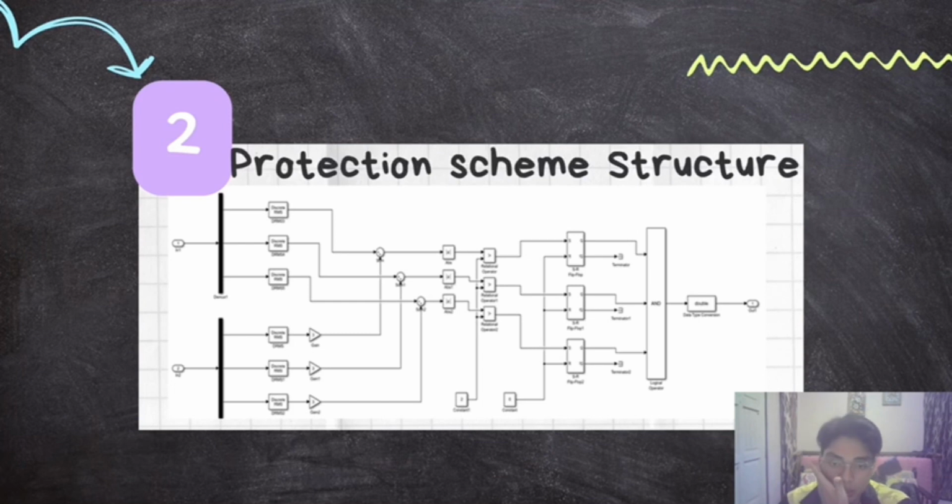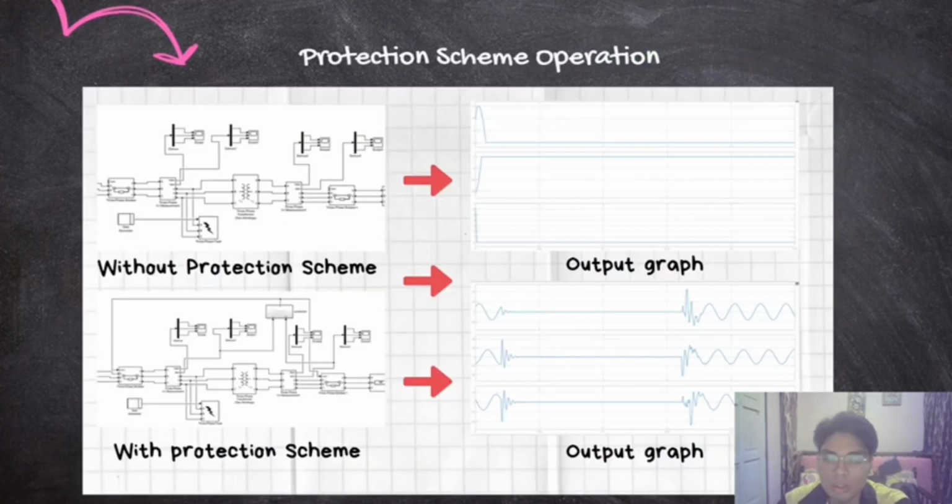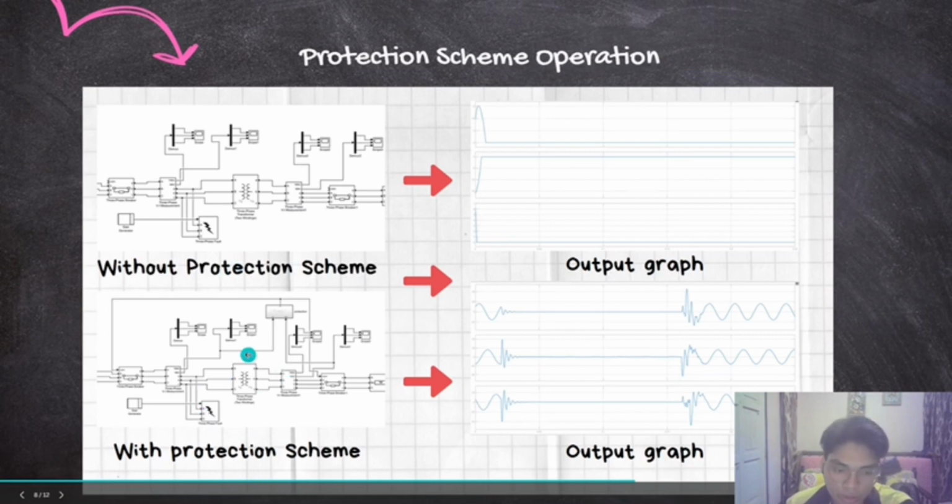So the protection scheme structure is where we used an SR flip-flop. To see the difference, here is a circuit without the protection scheme, and this is with the protection scheme.